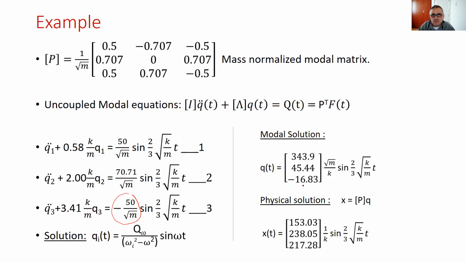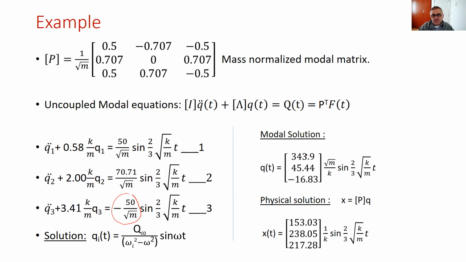The three modes have different amplitudes: the first mode has the highest amplitude, the second mode is the second highest, and the third mode has the lowest, because the forcing frequency, which is 2/3 root k over m, is close to the first natural frequency, which is 0.58, whereas this one is 0.66, as you see. Since they are close to each other, the response is close to resonance, and the first mode is dominant.